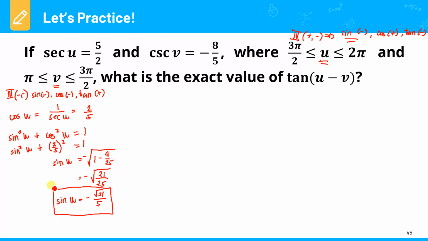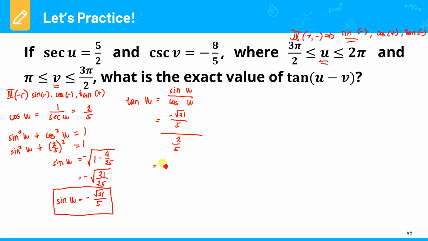Okay. Now, in this case, we can determine our tangent u. Take note that tangent u is equal to sine u over cosine u. Our sine u is negative square root of 21 over 5, and our cosine u is equal to 2 over 5.